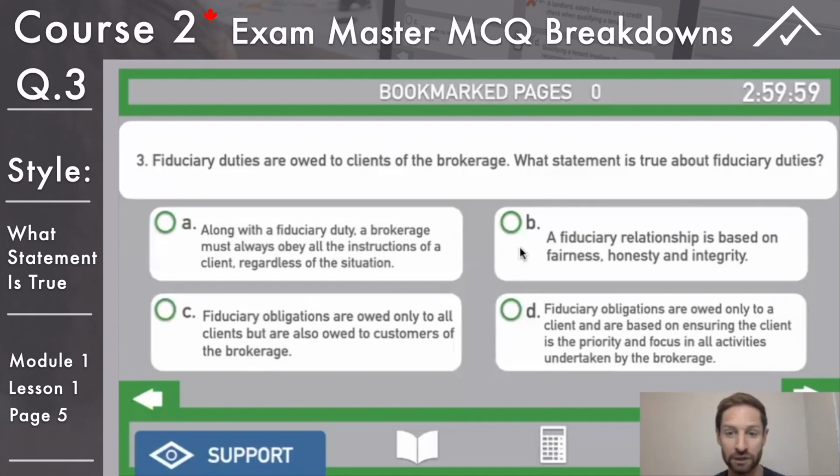B, a fiduciary relationship is based on fairness, honesty, integrity. Okay, so this is a little tricky because, of course, we see fairness, honesty, integrity all the time. But a fiduciary duty is actually more based on trust, confidence kind of stuff, best interest, loyalty, right? So a fiduciary duty is not based on fairness, honesty, and integrity, because fairness, honesty, integrity, as per our code of ethics, is due to a client or a customer.